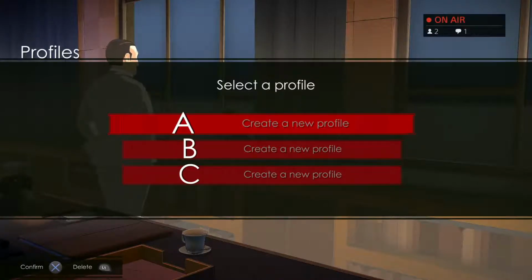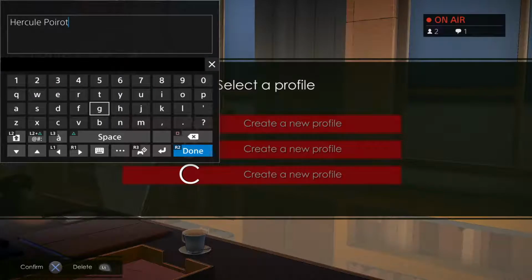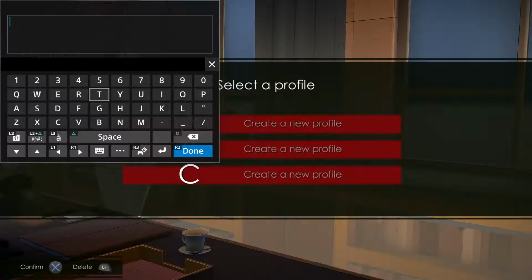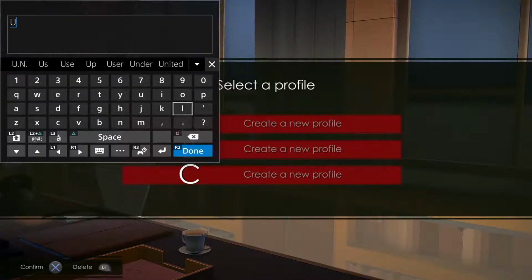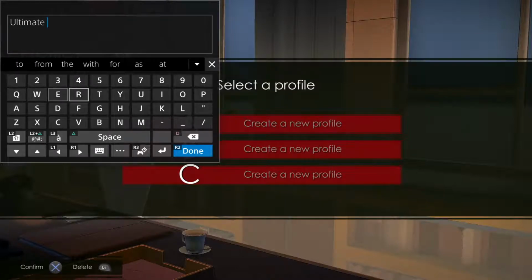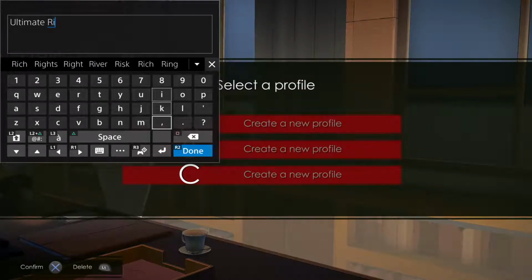Let's create a new profile. Hercule Poirot. No. How about Ultimate Rich? Or should it be Rich Ultimate? So that Ultimate is my last name. What do you think?